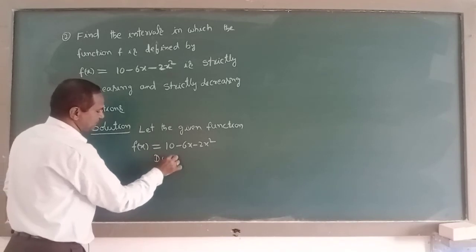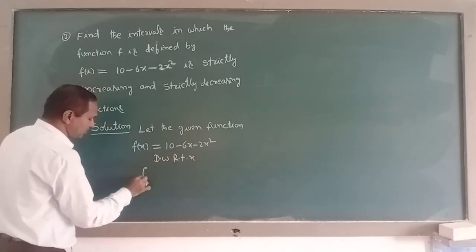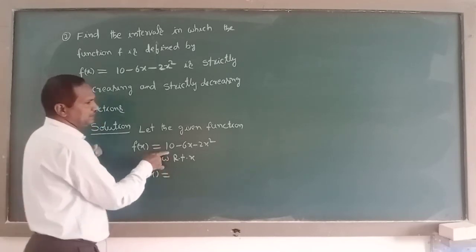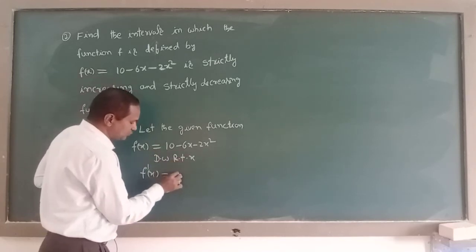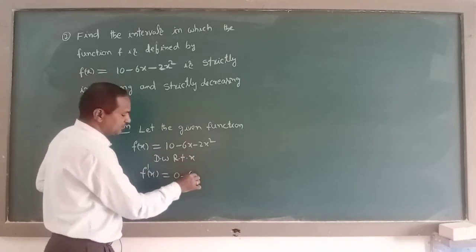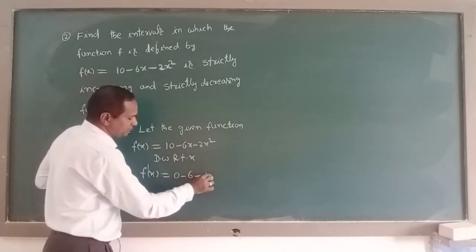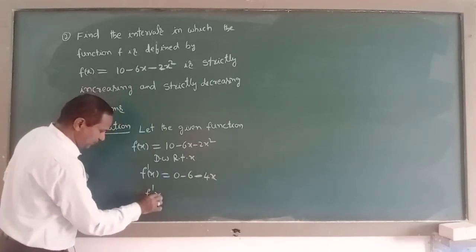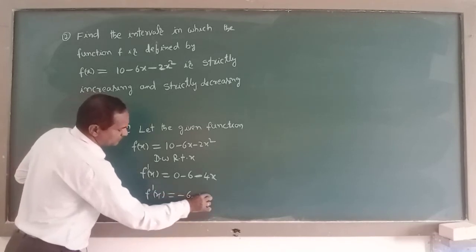Differentiation with respect to x. f dash of x is equal to, the derivative of an independent constant is 0, so 0 minus 6 times d by dx of x which is 1, minus the derivative of x square which is 2x, already 2 is there, 2 into 2 is 4x. f dash of x is equal to minus 6 minus 4x, we got here.